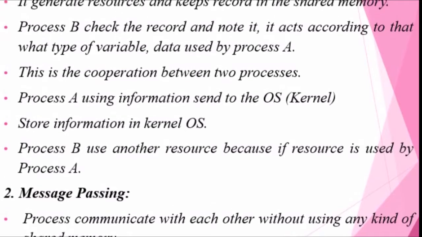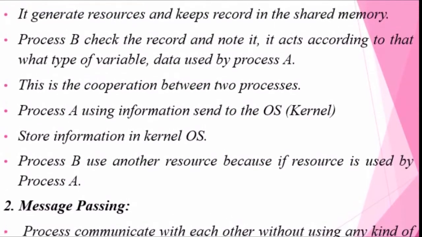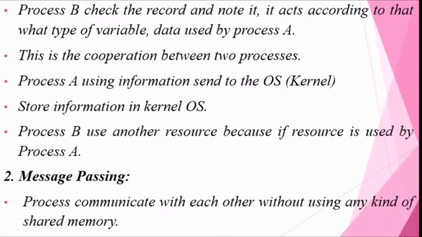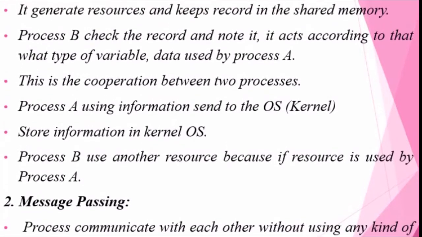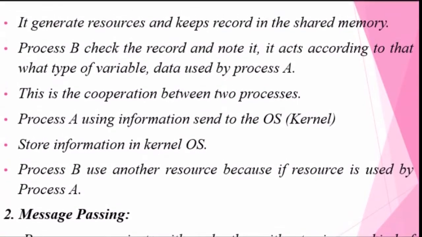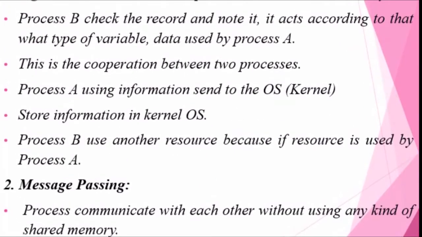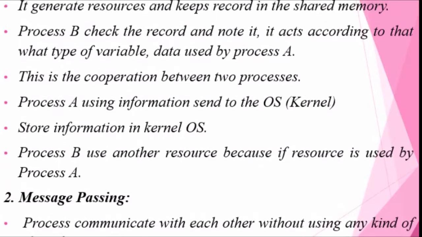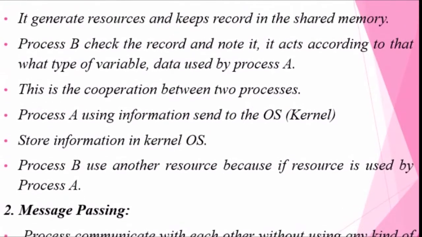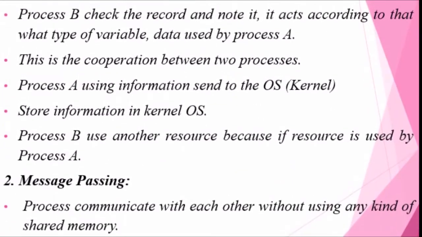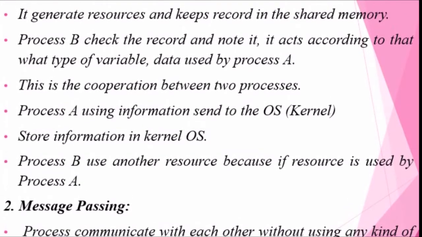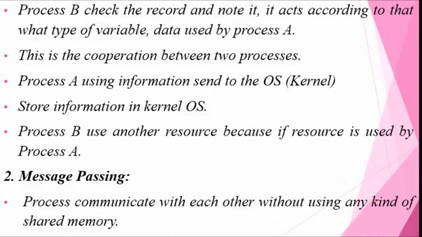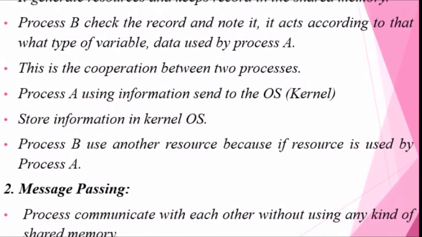Next, process B is going to do some processing. Before doing this, it checks what type of variables and data were used by process A. First process B checks, and then it does its process. So this is the cooperation between these two processes.